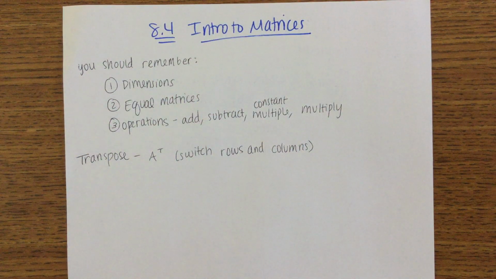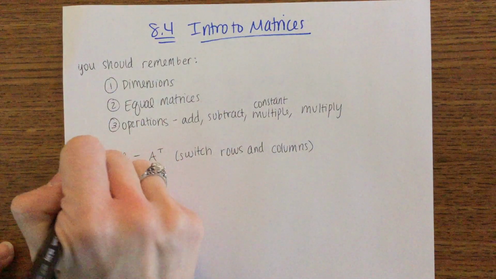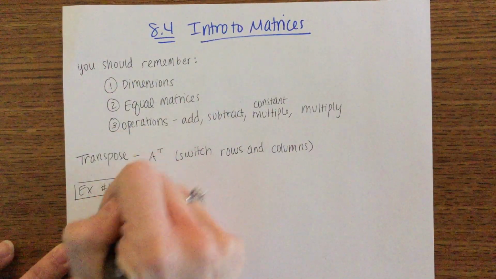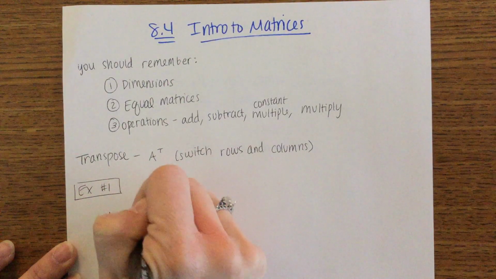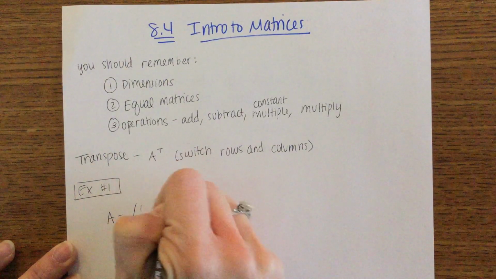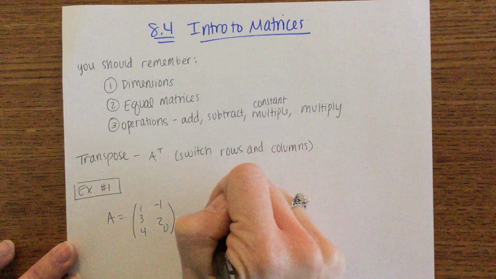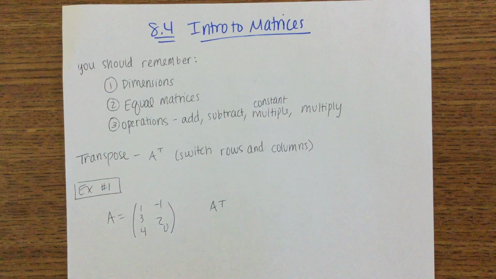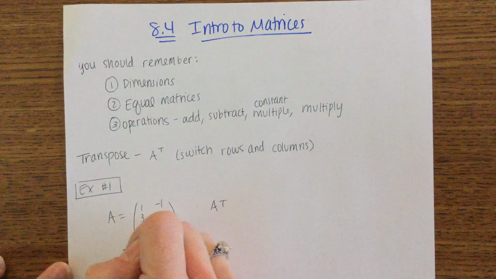So each row becomes a column instead. So if we consider the following matrix A, just for fun, what are the dimensions of this matrix? 3 by 2, always rows by columns.